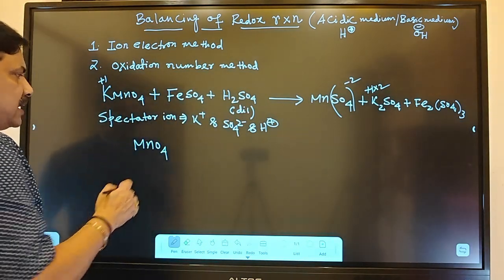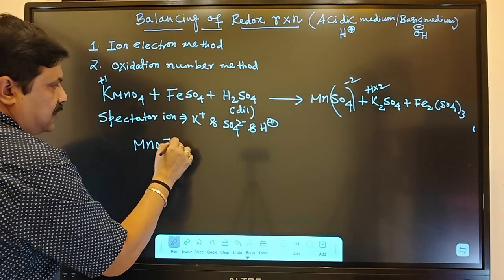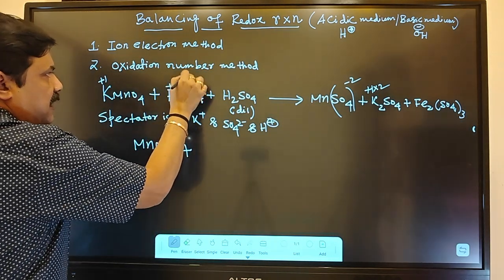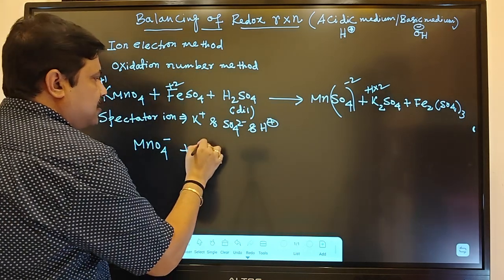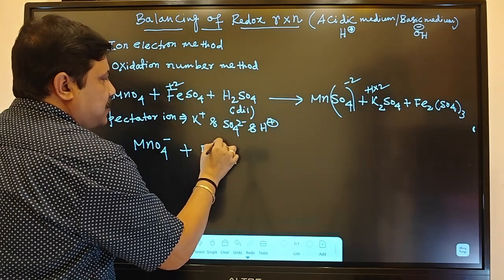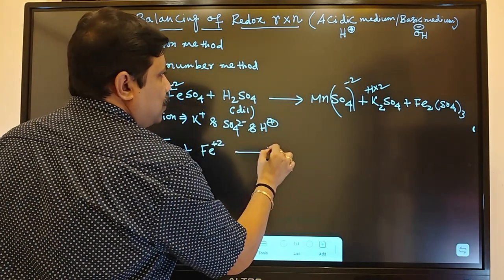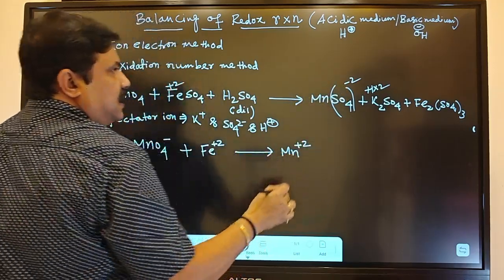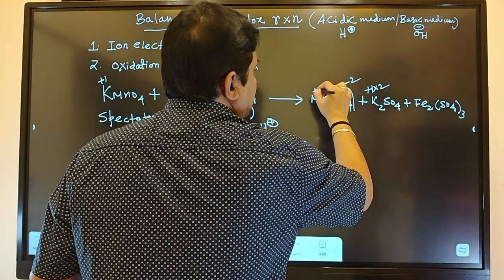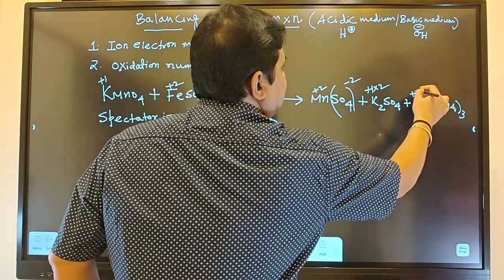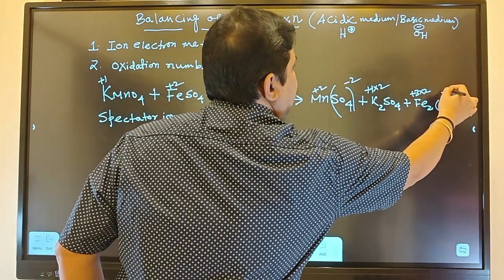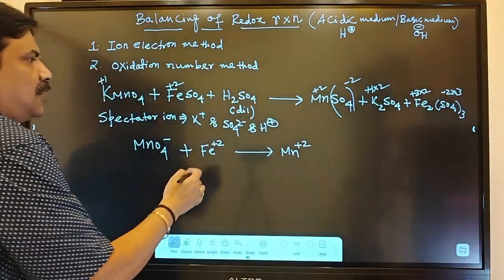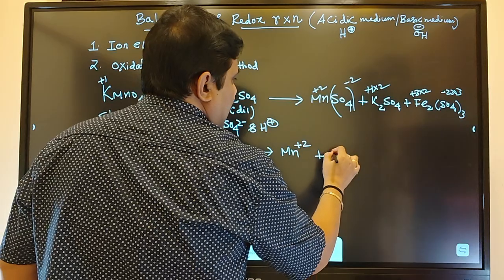So the equation is MnO4 minus plus Fe2+, since the iron oxidation state is plus 2 because overall sulfate is minus 2, and it is converting to Mn2+, manganese in plus 2 oxidation state. Here iron is in plus 3, into 2, and sulfate minus 2 into 3, so overall the substance is neutral. So now manganese plus 2 plus iron plus 3.